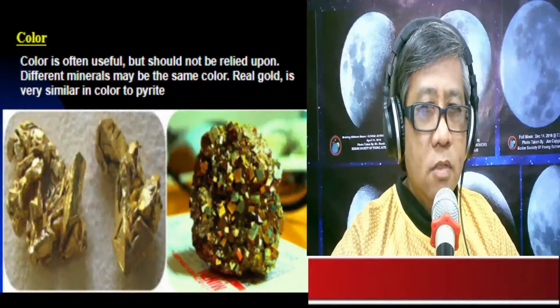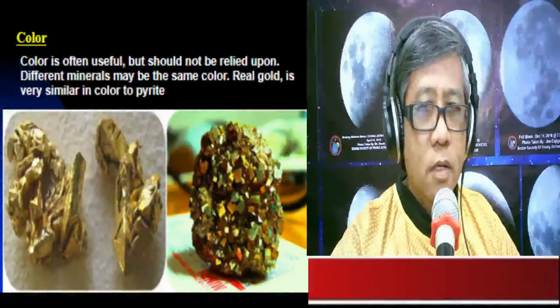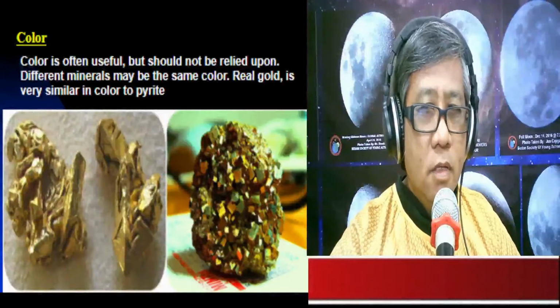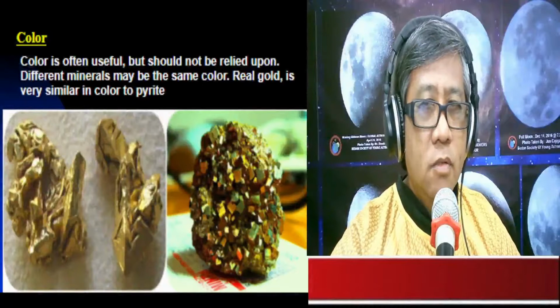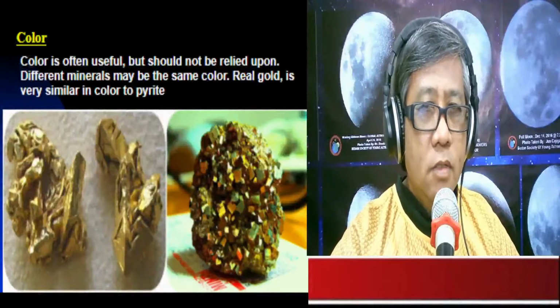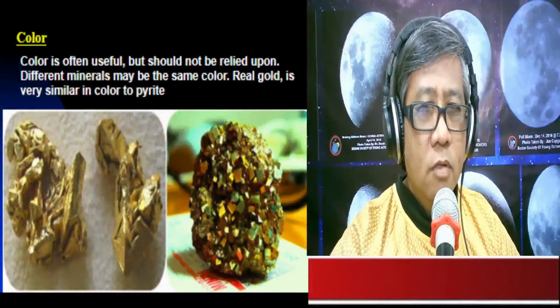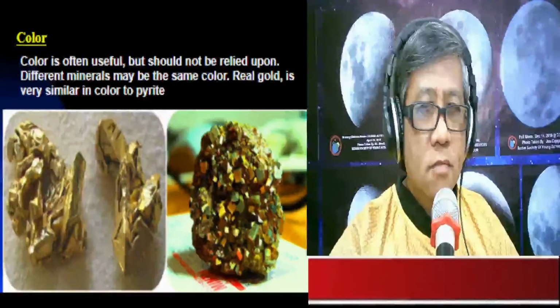So as you could see in the pictures, real gold is very similar in color to pyrite. So the picture on the left, that's gold, and the one on the right is pyrite. So as you could see, real gold is very similar to pyrite in terms of color. So color is very unreliable in identifying minerals.